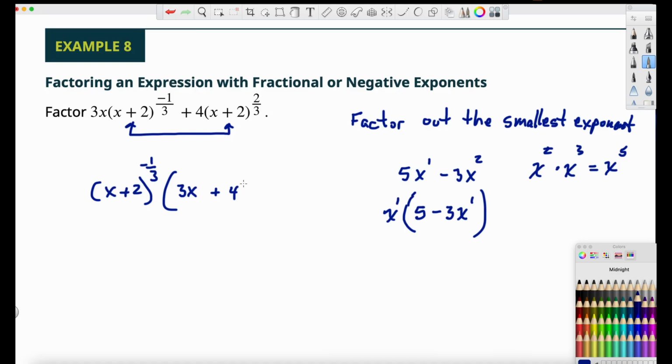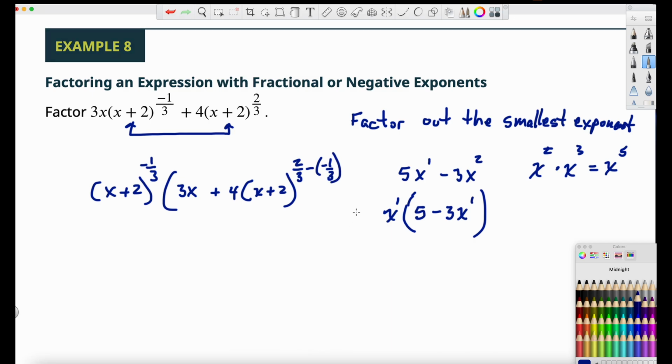Okay, so over here, I've got x plus 2. I am subtracting when I factor. So let's write this right here. This is raised to the 2/3. Now I'm taking this out, so I'm subtracting negative 1/3. So this is where we have to be super careful here.